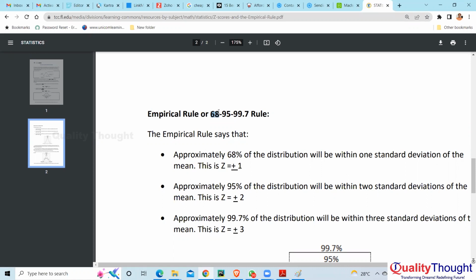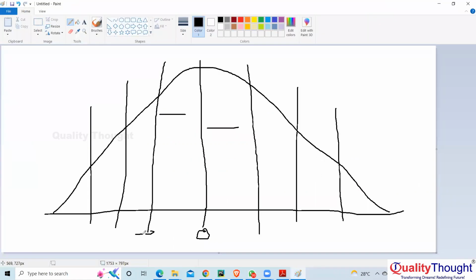So what does this mean? When you go 1 standard deviation this side and 1 standard deviation this side, this total area is 68%, or this is your 34% and this is your 34%.